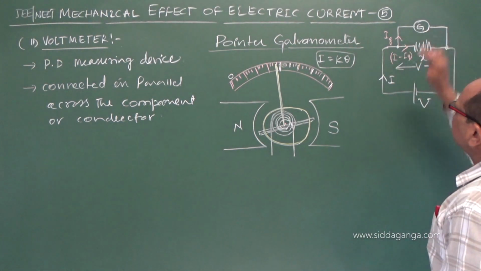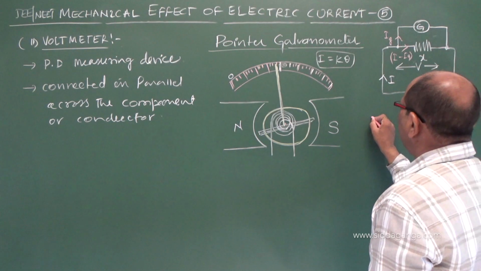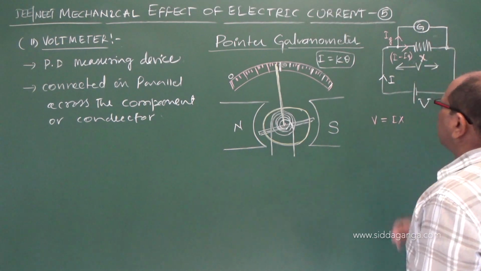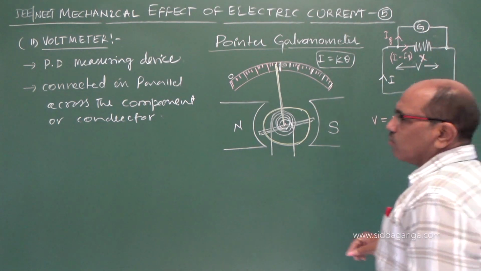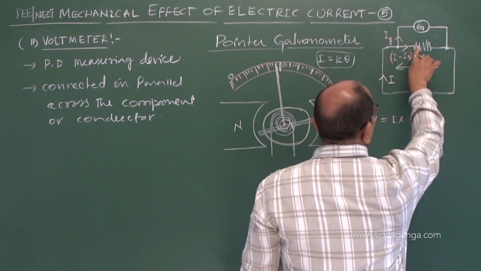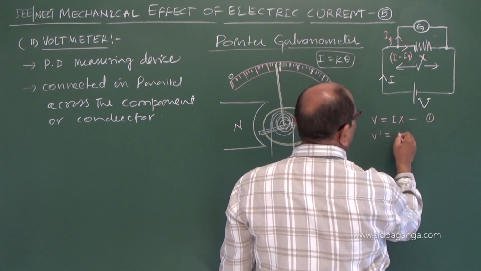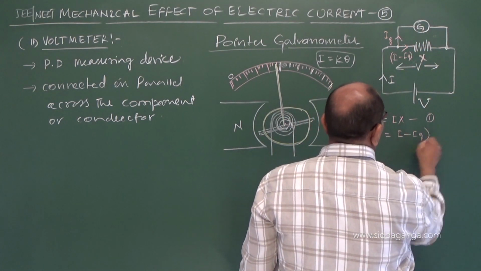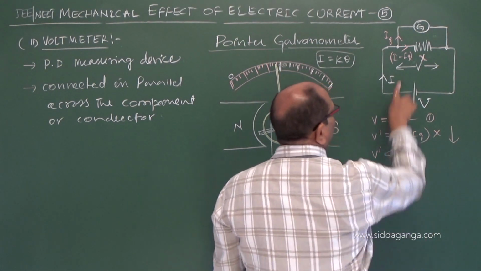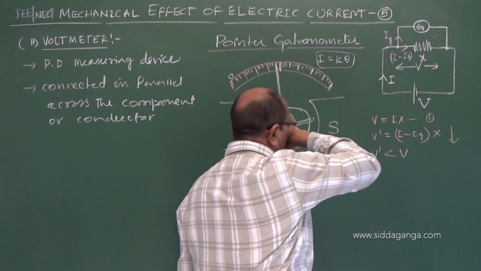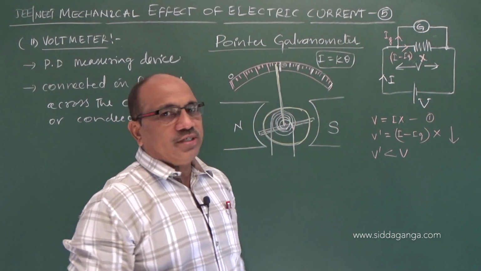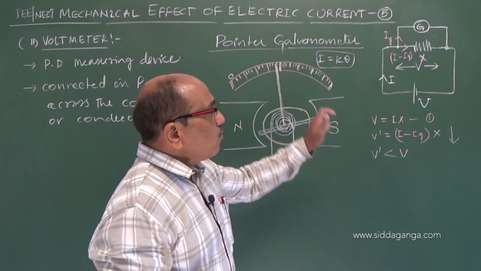In the absence of this, the voltage I want to measure is nothing but current into resistance X. It is the ideal voltage across the resistor X. But after connecting this in parallel to measure the voltage, V dash is I minus Ig into X. Thereby clearly V dash is decreased, because some current is taken by the galvanometer. Because of the finite resistance of the galvanometer, some current is drawn by it, thereby the voltage decreases.